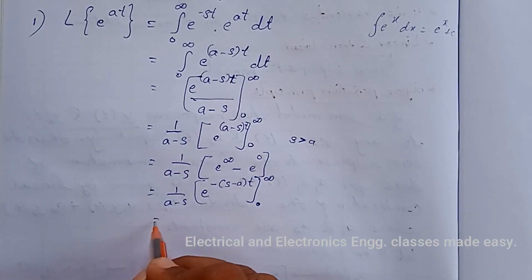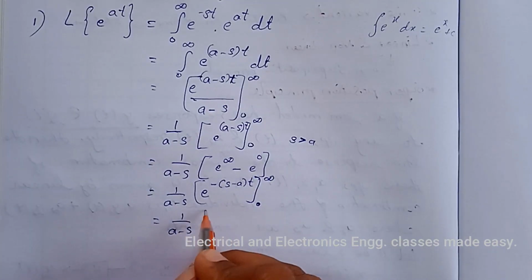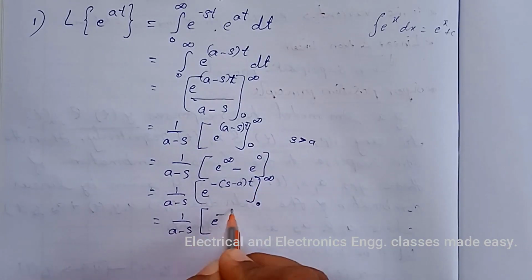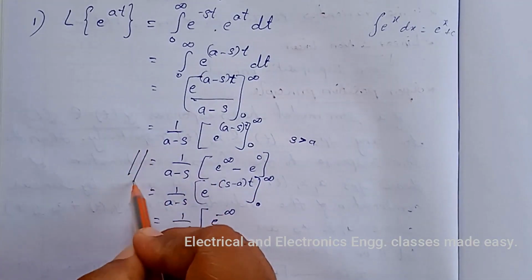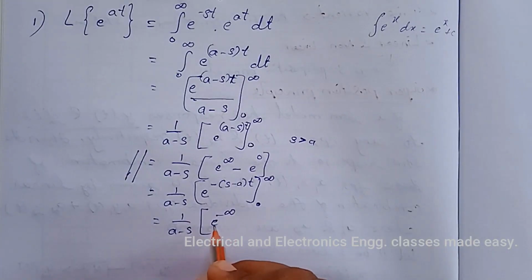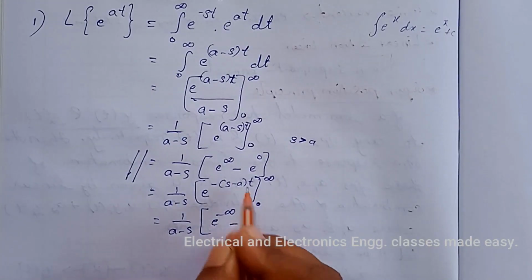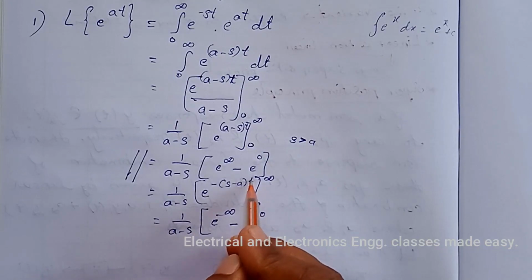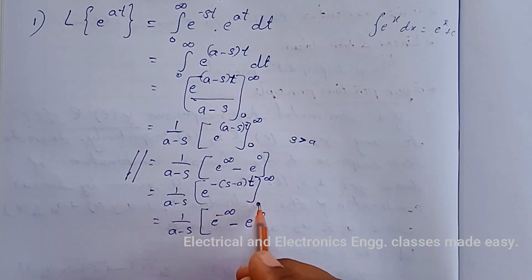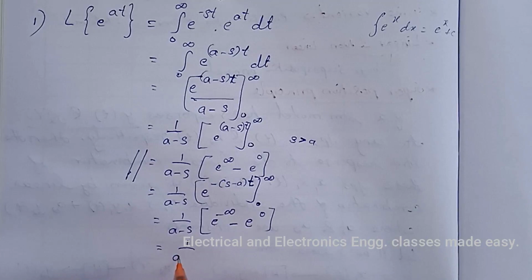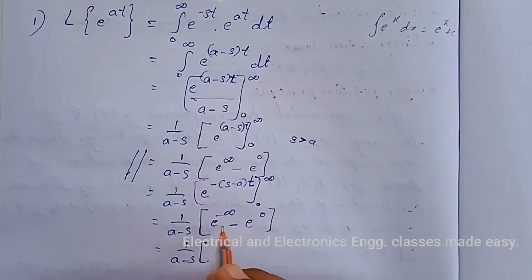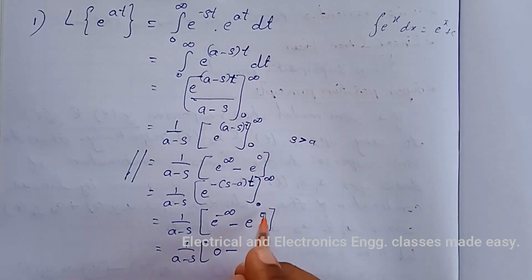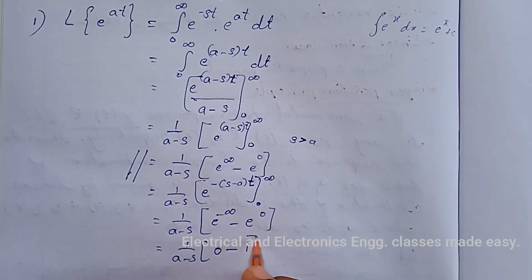Otherwise we will get infinity as the answer. So 1 by a minus s times (e raised to minus infinity minus e raised to 0), putting the limits 0 and infinity for t. Here e raised to minus infinity is 0, and minus e raised to 0 is minus 1.